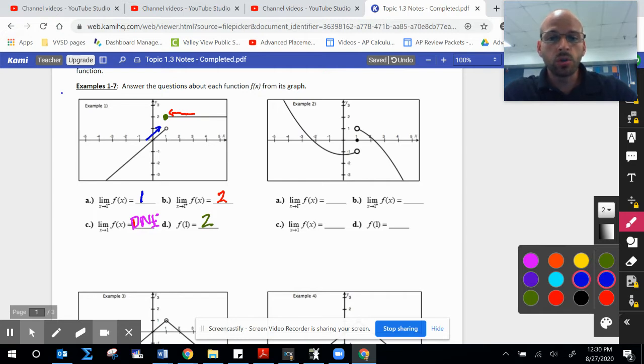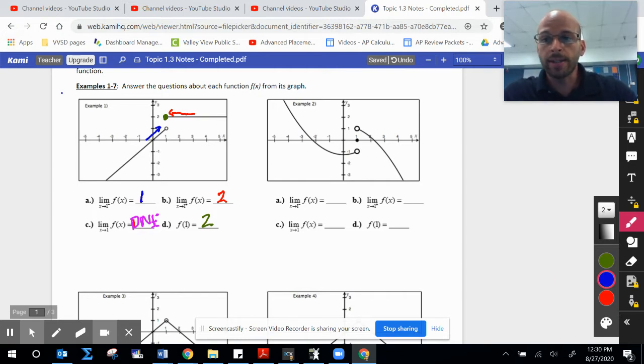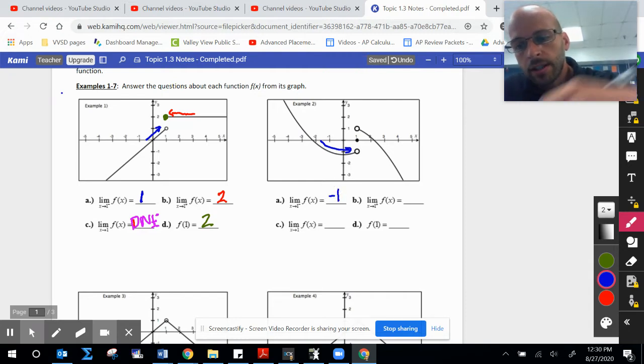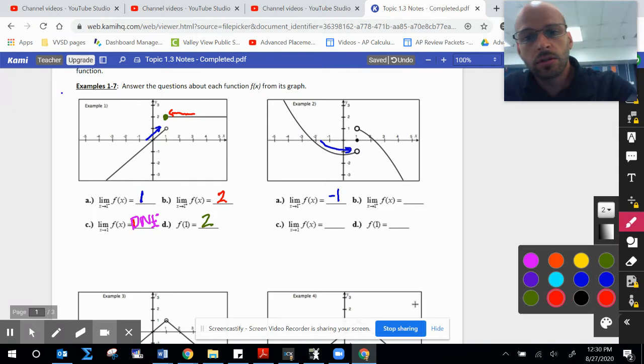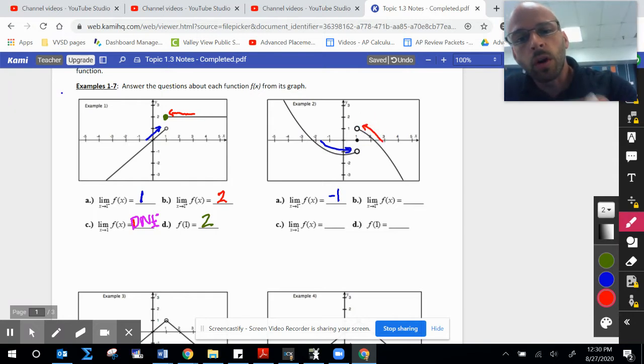So let's do example 2. Feel free to pause and try to work these out if you need to. You can check your answers along the way. I want to know 1 from the left. If I do 1 from the left side, that's going to be this side, so that's going to be a y value of -1. 1 from the right, changing colors here so you can see, is going to approach a y value of +1.